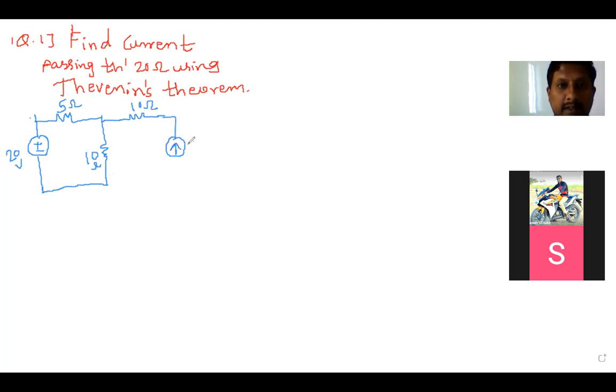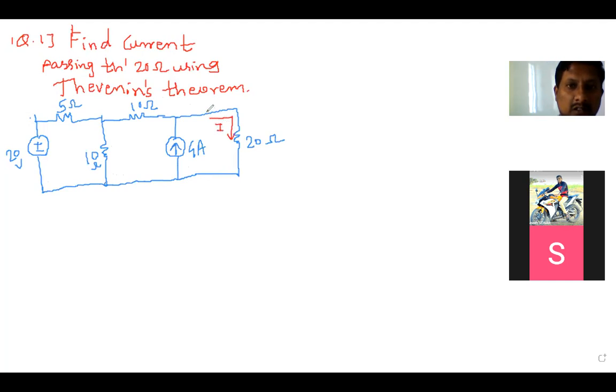Next, it is a 4 ampere current source, and this resistor is 20 ohm. The question is to find this current. This current we have to find out. This is terminal A and this is terminal B.